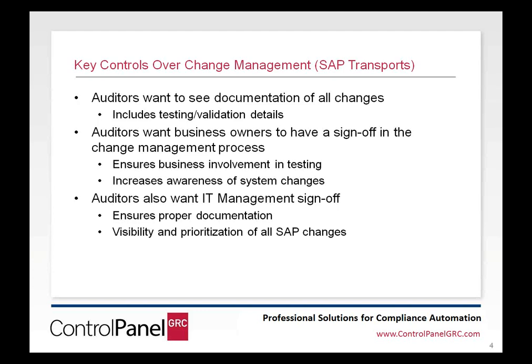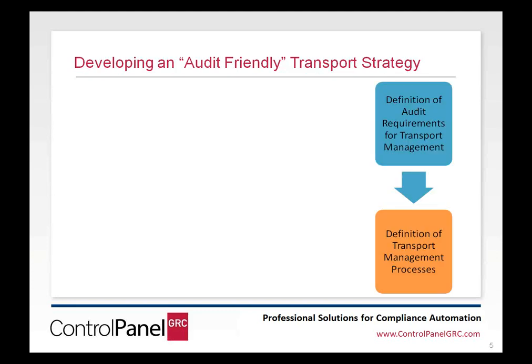So not just the business signing off, but making sure that the IT management is looking at what documentation is coming through and making sure that the documentation maps to what the compliance requirements are. This also allows IT management to give some visibility in prioritization of all the SAP changes. If IT management knows of something that's going on this particular day or weekend, they may want to hold off on forwarding a change to the production system until that situation has passed.